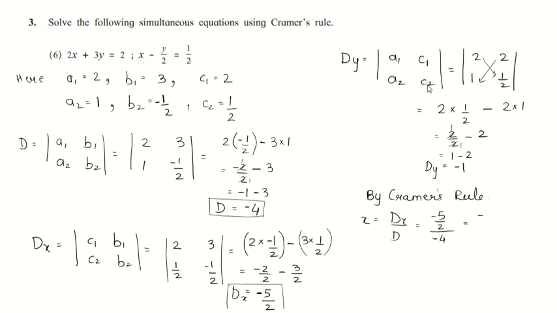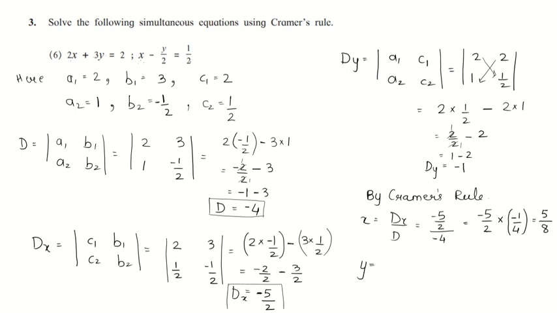So it is equal to minus 5 upon 2 into minus 1 upon 4. Solving it further, 5 into 1 is 5, minus into minus is plus, 4 into 2 is 8. So x is 5 upon 8.